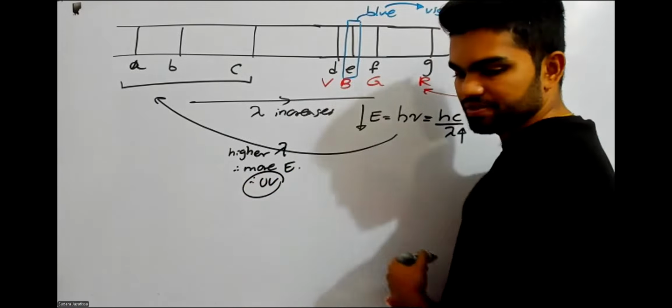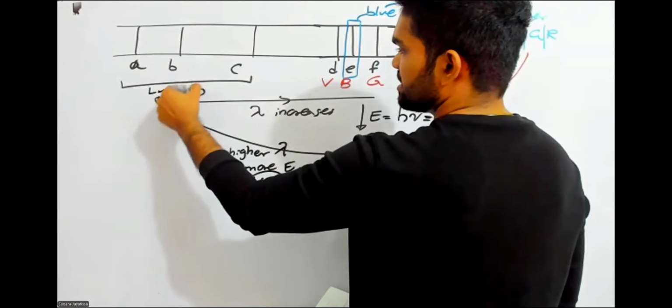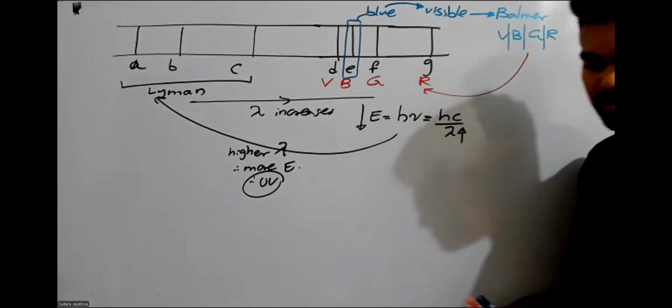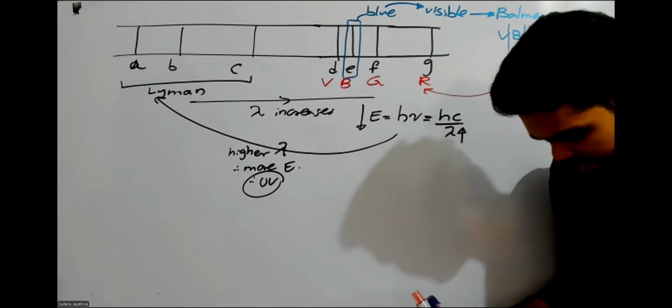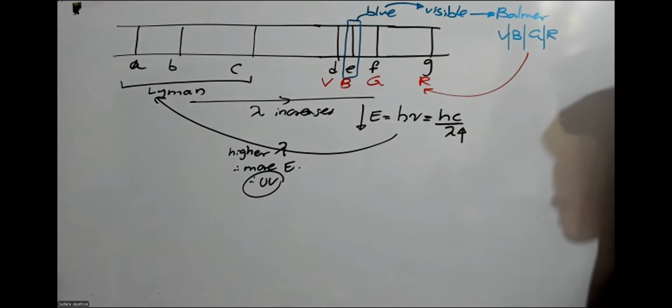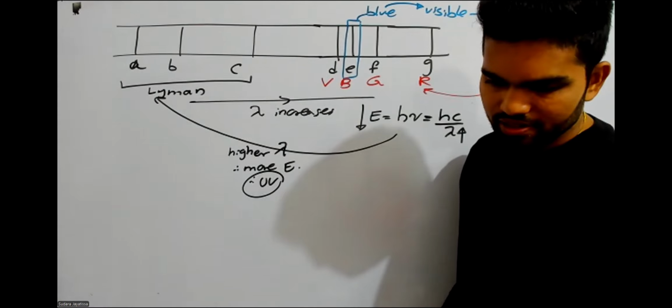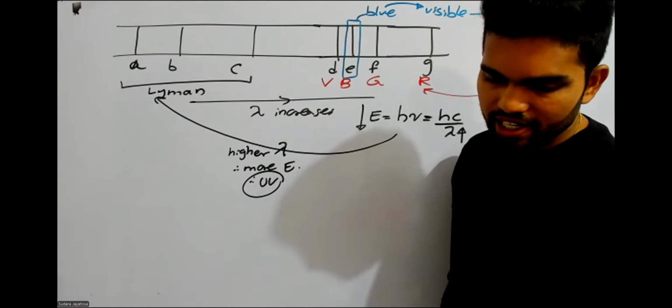Ultraviolet, UV. So what is there in the ultraviolet region? Lyman series. That's how you think. Is that clear now? It is UV region, it is Lyman series. Right, now you can go to the statements. Now you got the clear idea about the whole diagram.